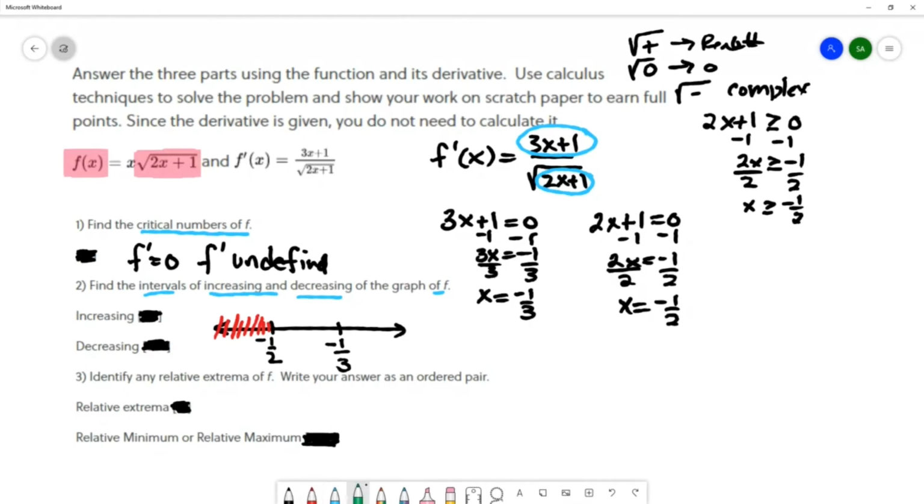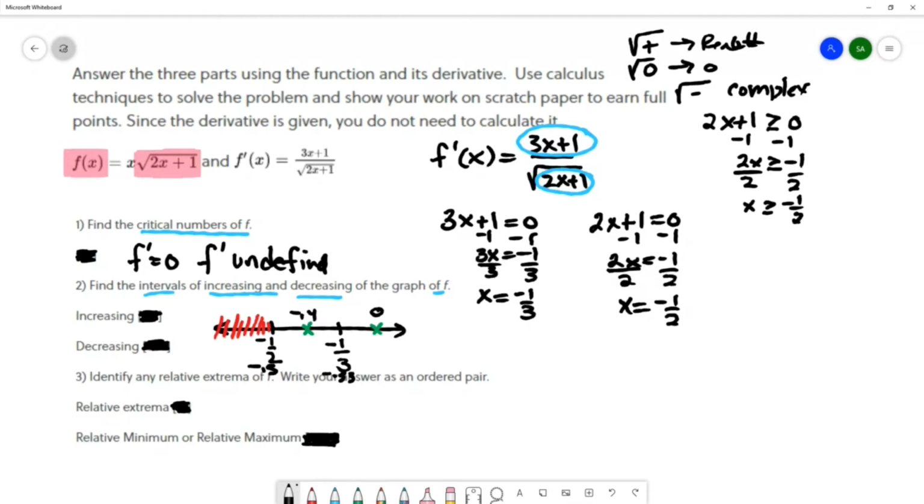So we're going to pick test points in each one of these intervals. Negative 1/2 is negative 0.5, and negative 1/3 is about negative 0.33. So let's pick negative 0.4 as our test point in that interval, and then we can pick 0 as our test point in the other interval.